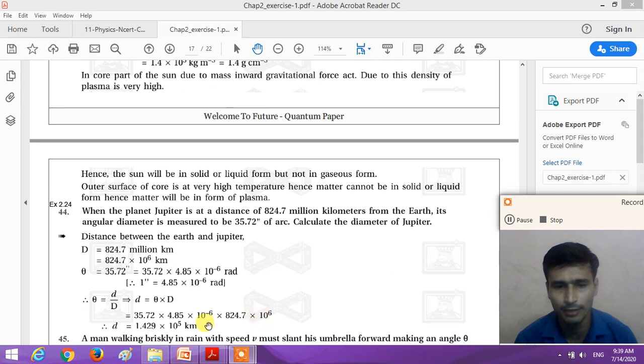If you calculate this, we get the diameter of Jupiter as 1.429 into 10 raised to 5 kilometer. Right? Understand, dear student?